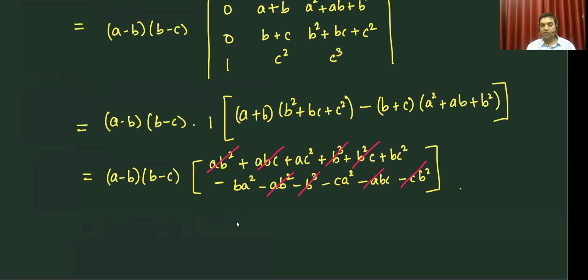Then we are left with AC square plus BC square minus BA square minus CA square. Okay.